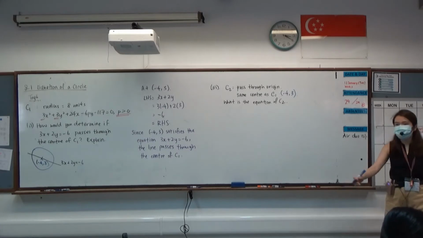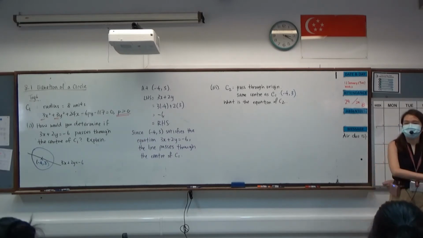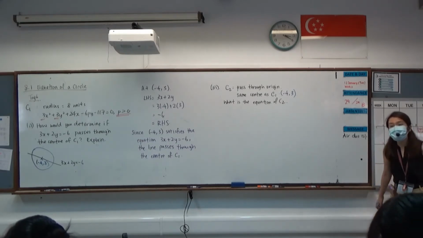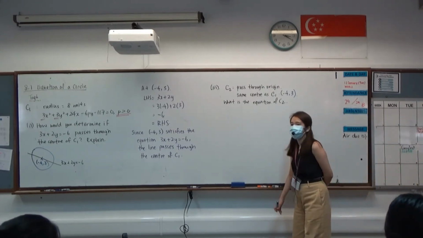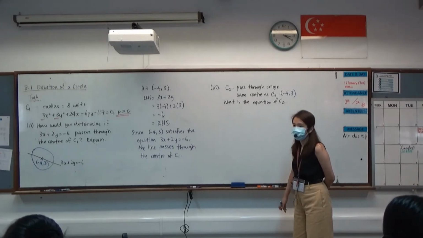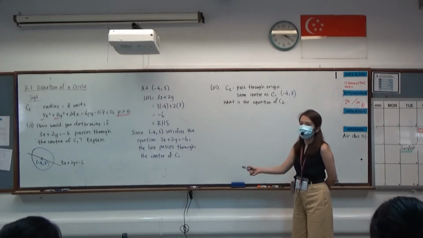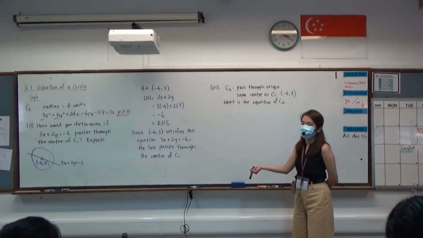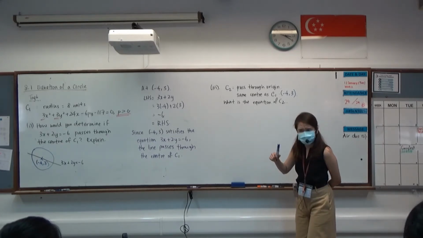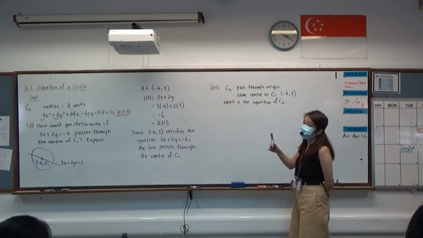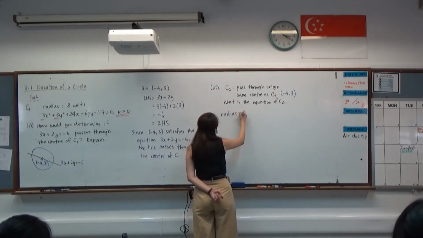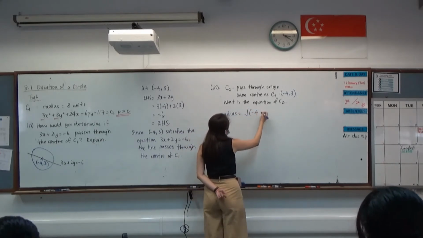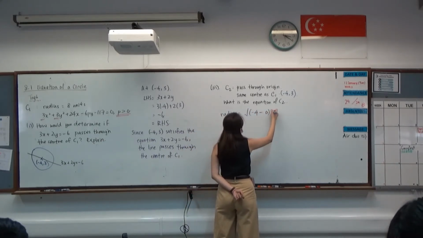So what do you think? Find the length of from where to where? Center to center to 0, 0 origin. Okay, so we find the length of the radius, which is the center to the origin.